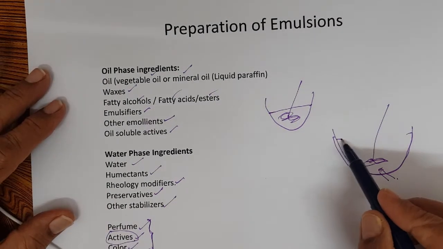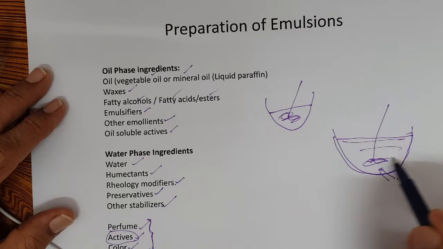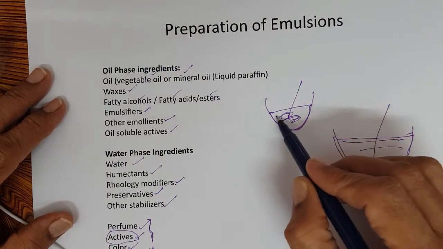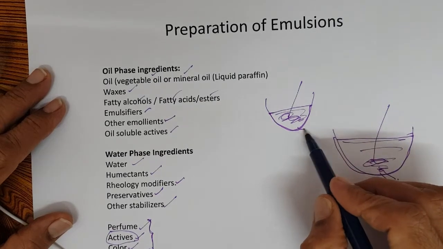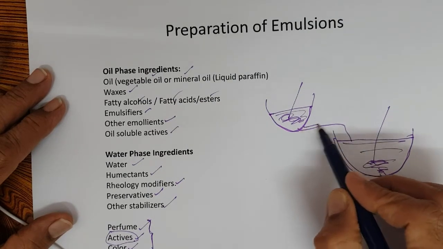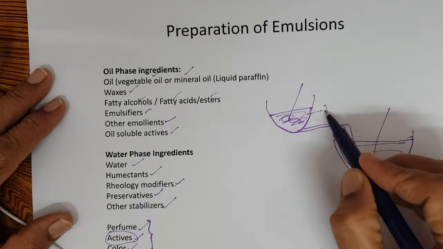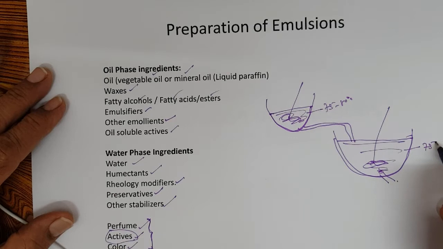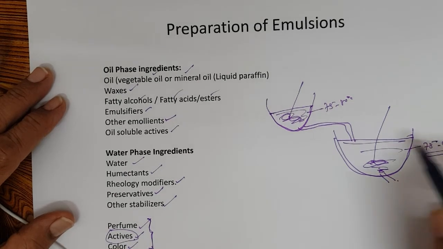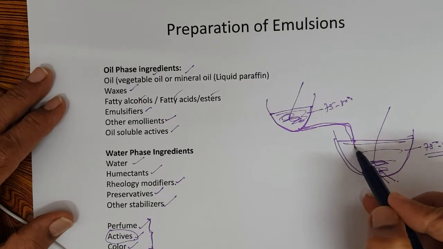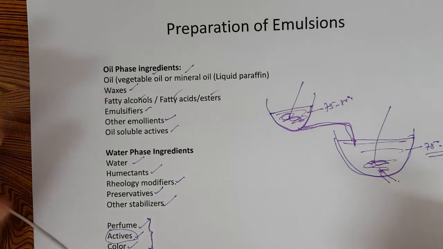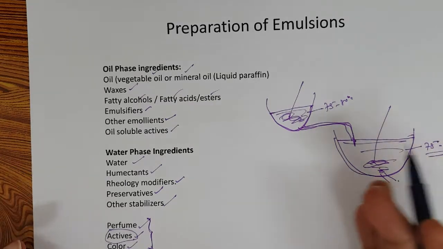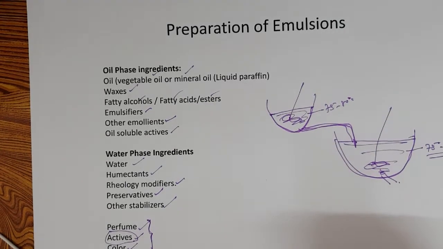The water phase is taken in this main kettle and the oil phase is taken in the side kettle. The oil phase is melted and it is added to the water phase. This is at 75 to 80 degrees centigrade, and this is also maintained at 75 to 80 degrees centigrade, and then the oil phase is added to the water phase and the emulsion is made, right? This is broadly the preparation of the emulsion.